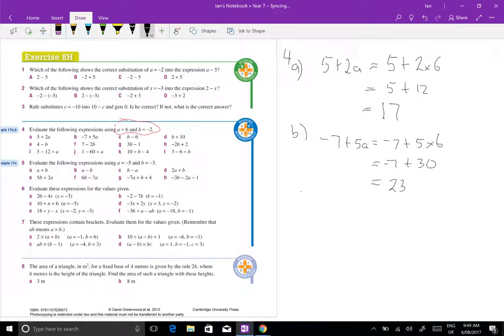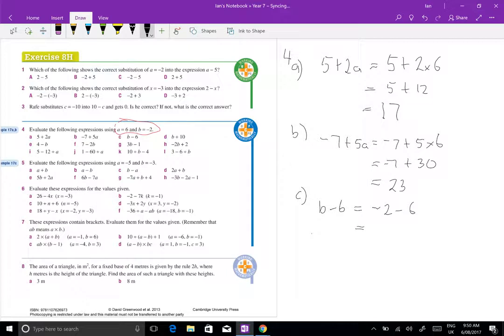Let's do C. B minus 6. Now B, I have to be careful here. When I make this substitution, it's -2. So -2 minus 6. And again, I'd use my calculator, but I can do this in my head.